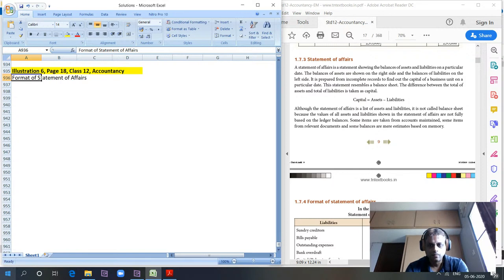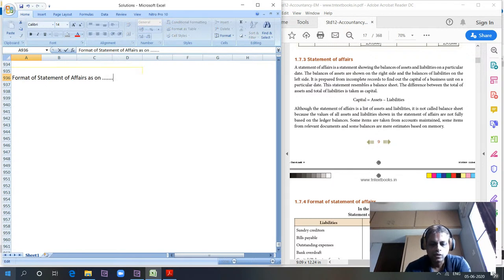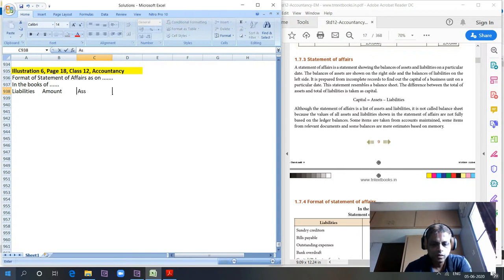Statement of affairs as on some particular date in the books of some company. Let's put liabilities, amount, assets, amount. What are all the assets and liabilities that will come in?